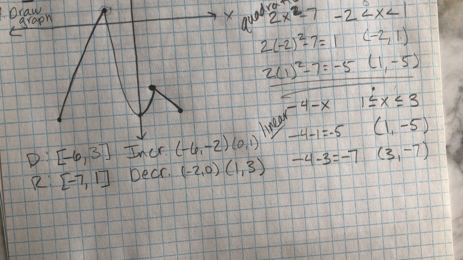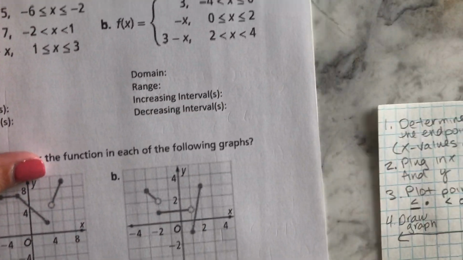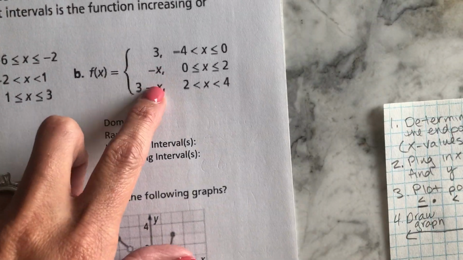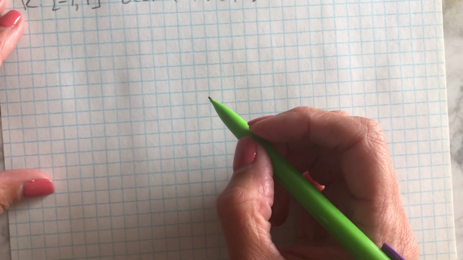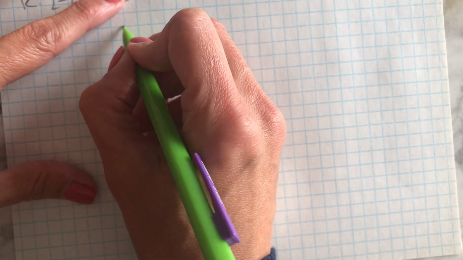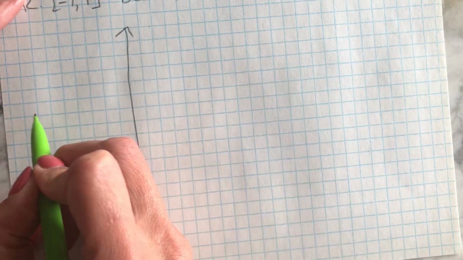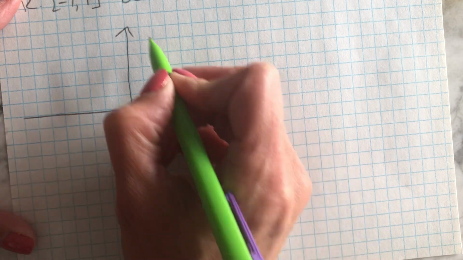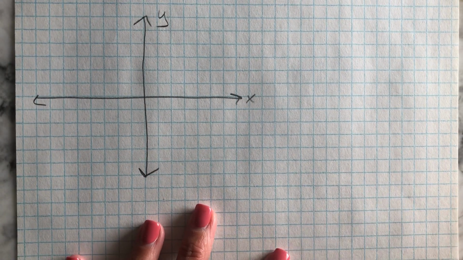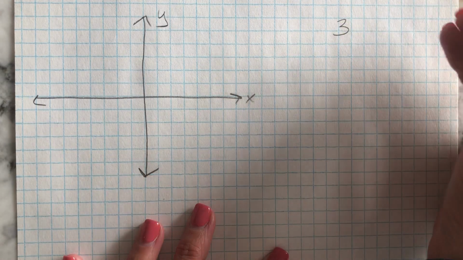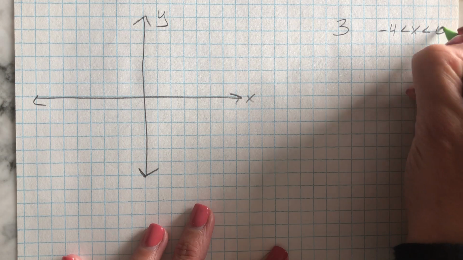All right, let's try another one. So from this paper, let's do this problem right here. All right, so I'm going to draw my graph out. Okay, so my first piece is 3, -4 less than x less than 0.